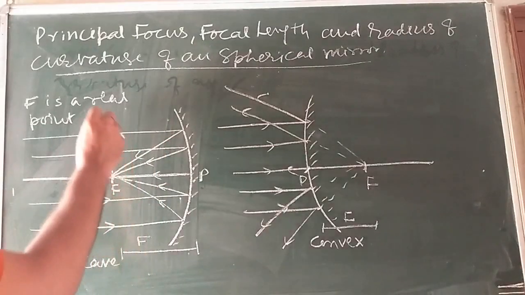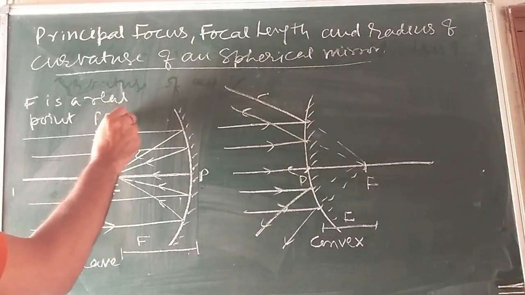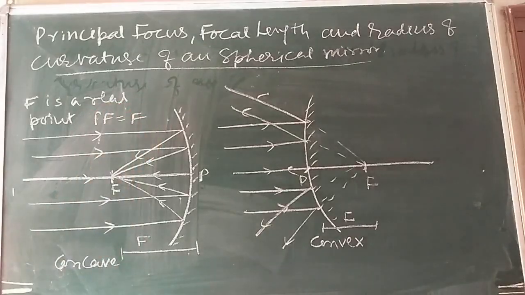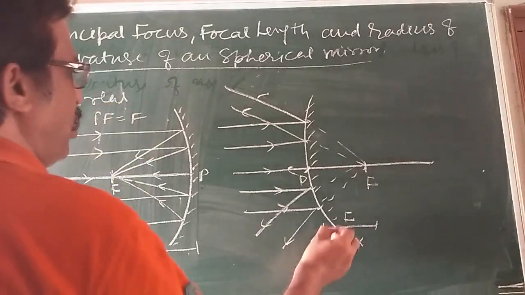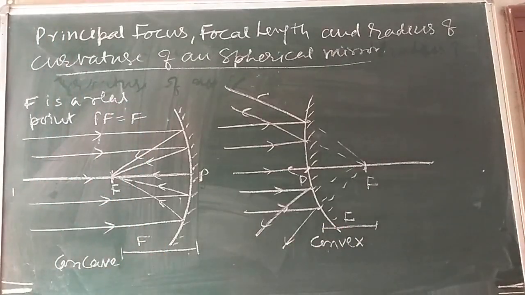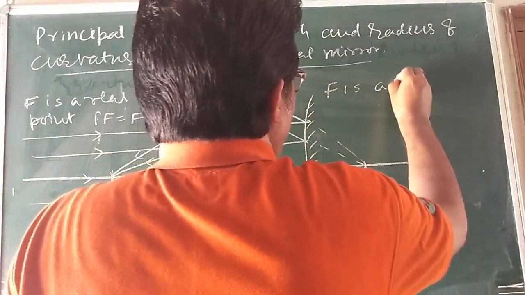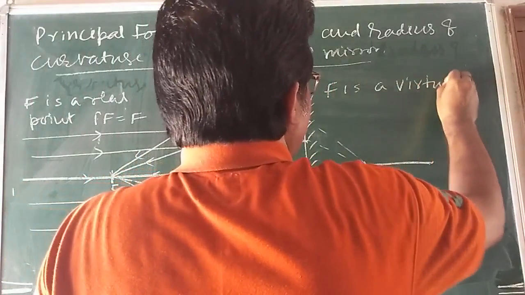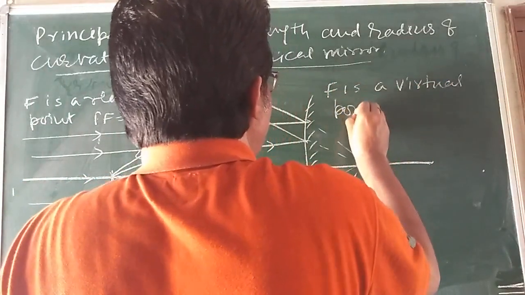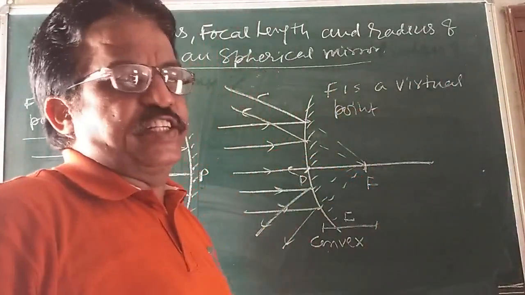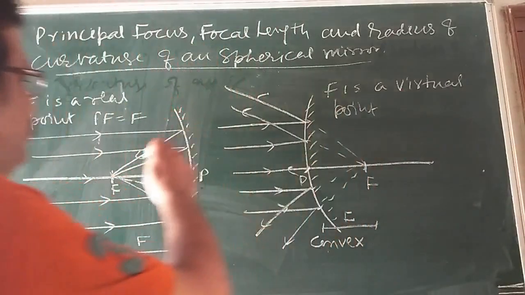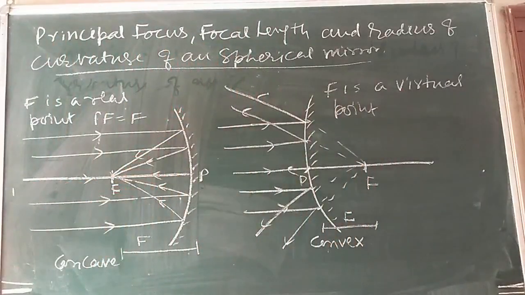So the length PF is called focal length, while in a convex mirror F is a virtual point. In this case, it is a virtual point. In this case, it is a real point.